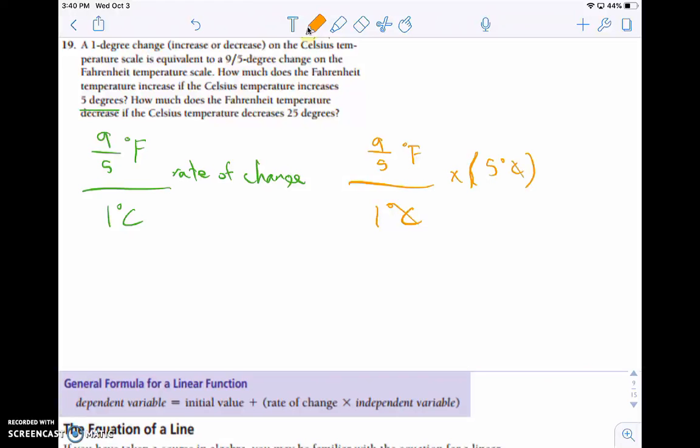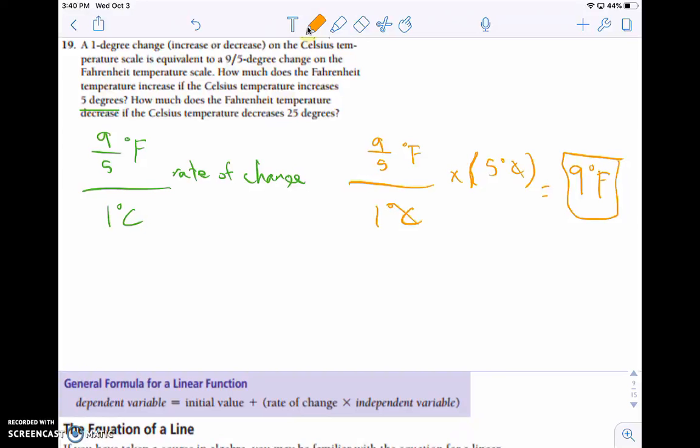Notice our units, degrees Celsius, will cancel. And you get 9/5 times 5, which is the same as 9 degrees Fahrenheit. So an increase of 5 degrees Celsius will be equivalent to a 9 degree increase Fahrenheit.